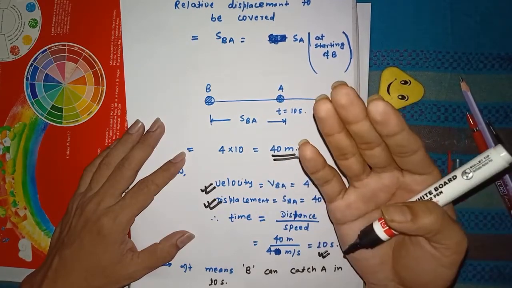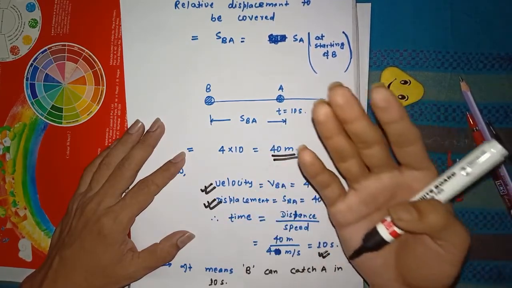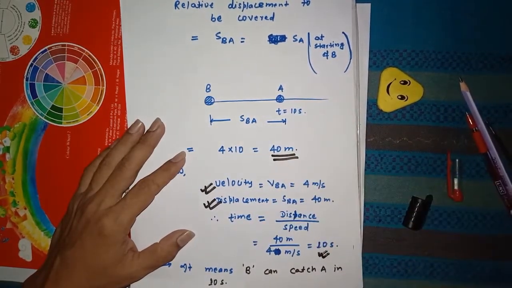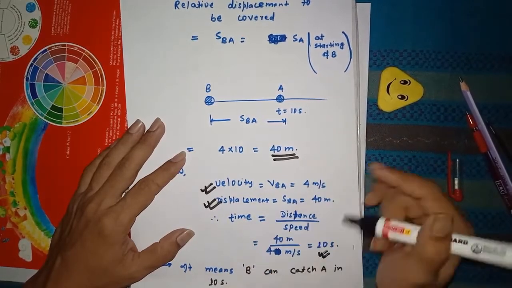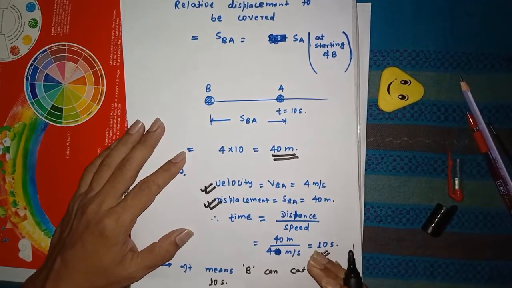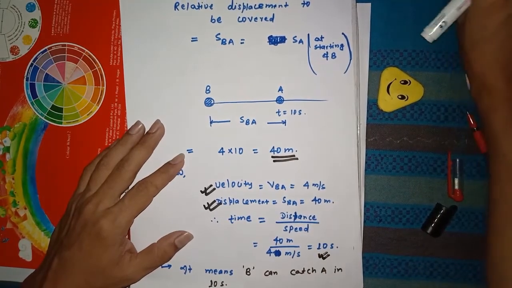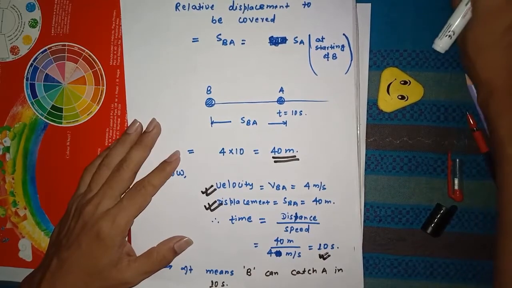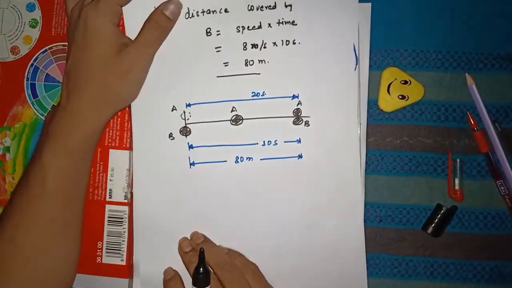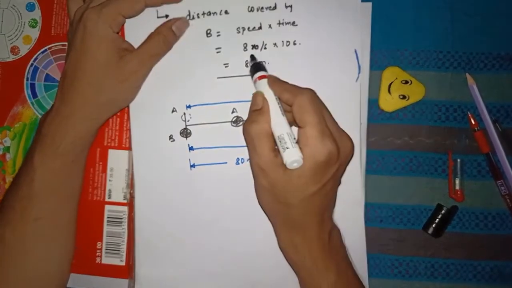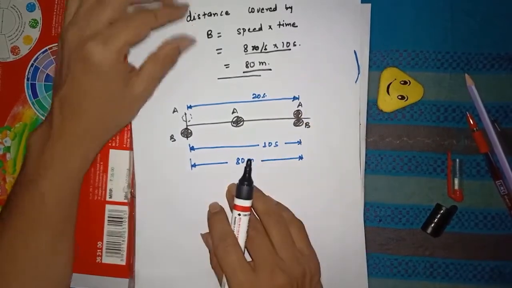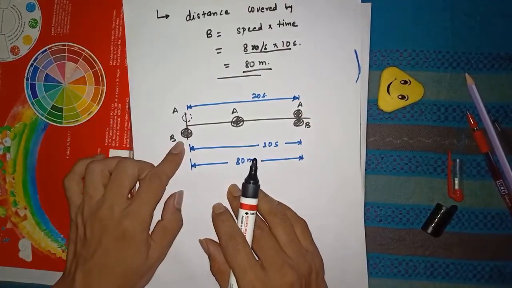B has moved only 10 seconds, but A has moved 20 seconds, because A started 10 seconds before B. So we have calculated the time to catch A, and now you can find the distance covered by B, which is speed times time, because the speed of B is constant. So 8 into 10 means 80 meter is covered by B from the starting point.